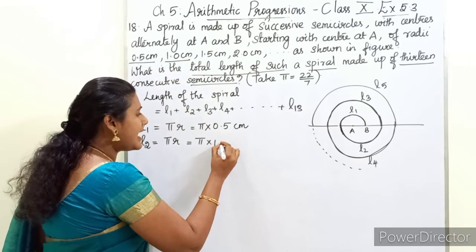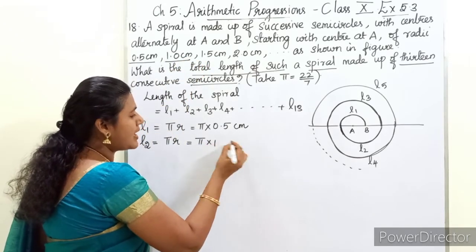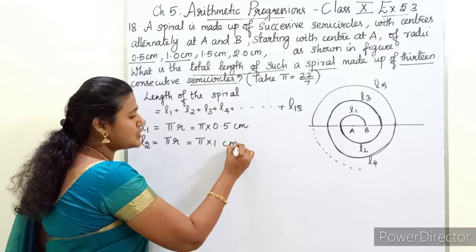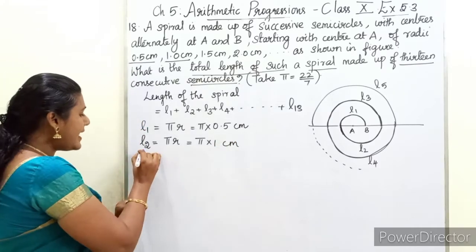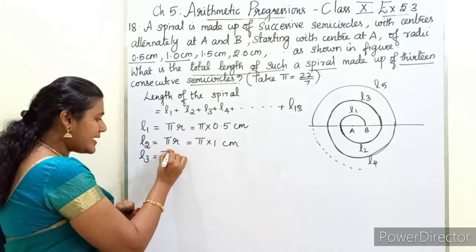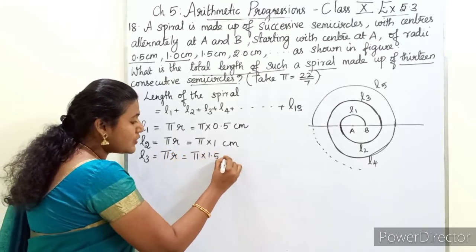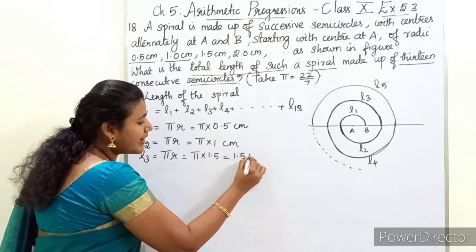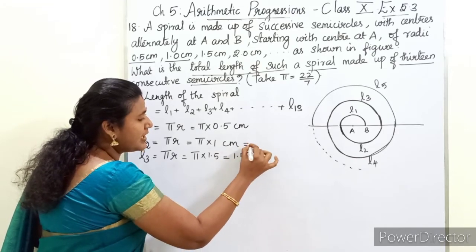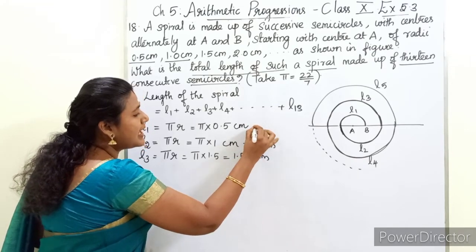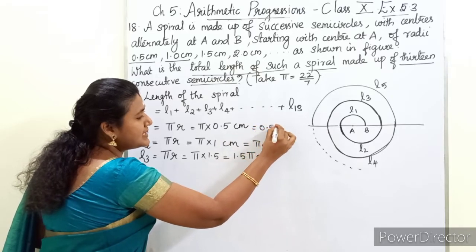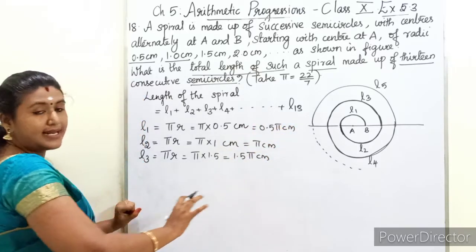So we get pi into 1 centimeter. Now L3 is pi r, and here the radius is 1.5, so we can write 1.5 pi centimeter. So here we write pi centimeter and here 0.5 pi centimeter. These are the lengths.